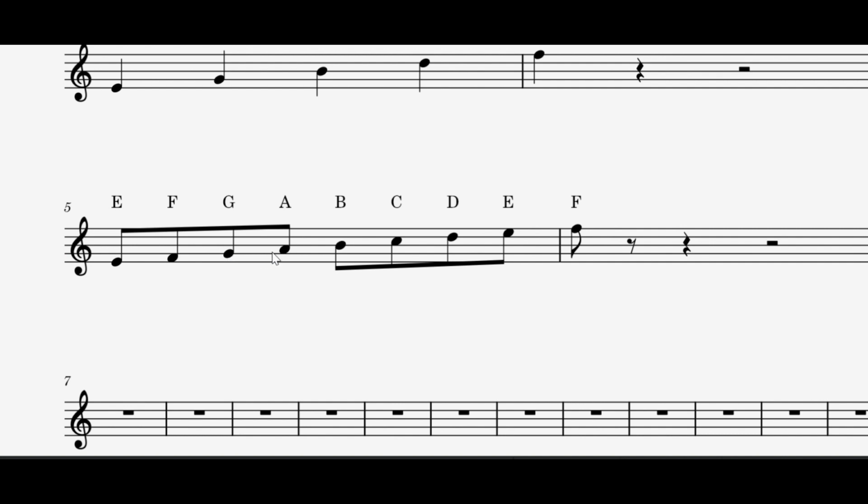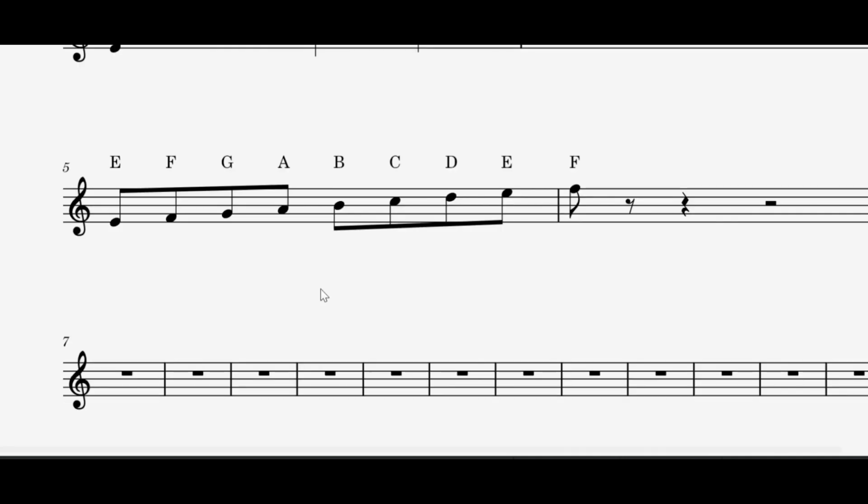You go up to the next space, that'll be A, up to the next line, that's B, up to the space C, up D, up E, up F. So that's the music alphabet there.